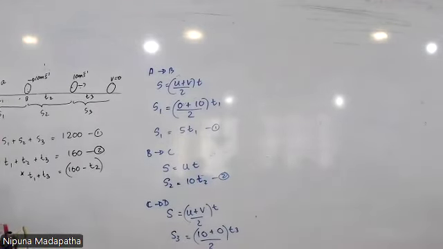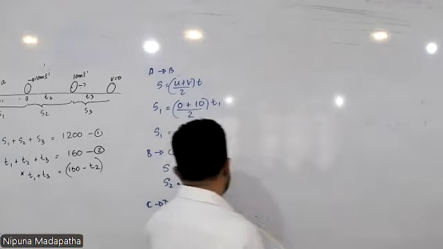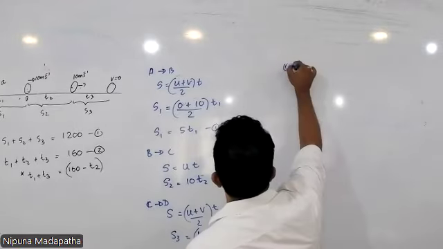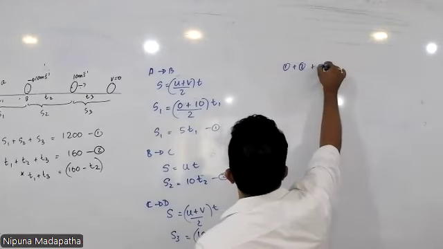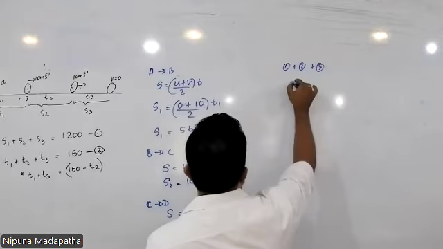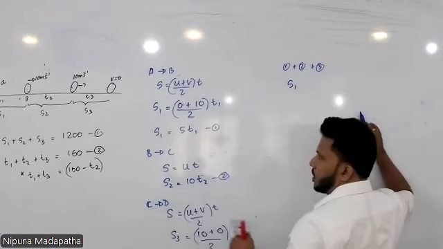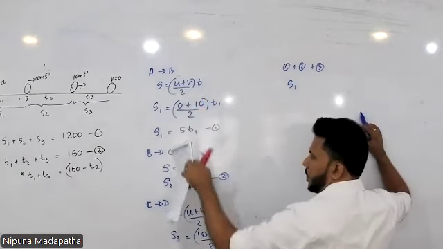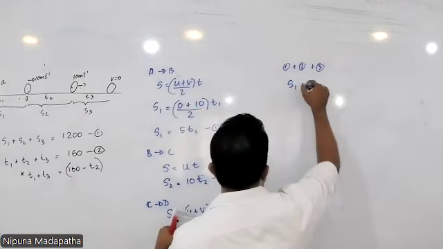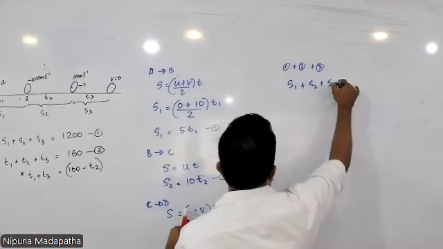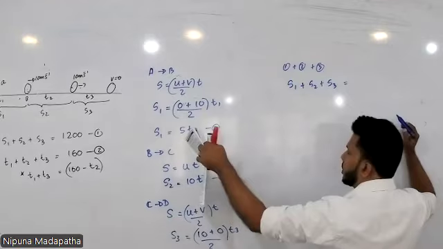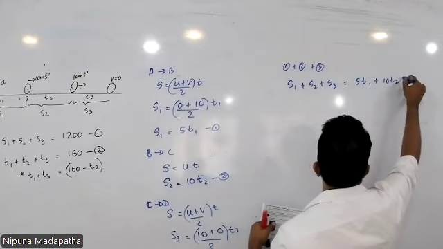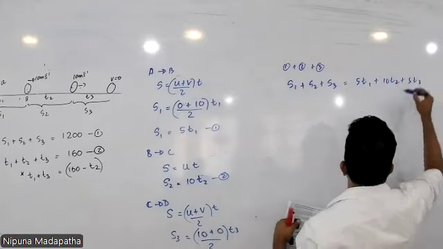So now I have taken three equations with T1, T2 and T3 on one side, and S1, S2 and S3 on the other. Now I am going to add those three. Adding them, on the left-hand side we have S1 plus S2 plus S3, and on the other side, 5T1 plus 10T2 plus 5T3.